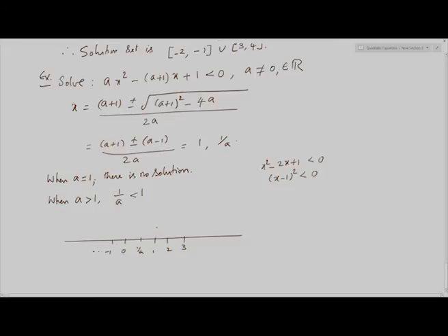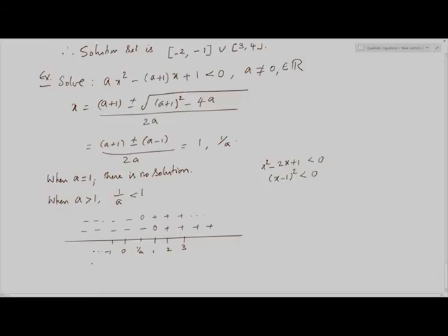On top of 1 I am putting the 0, and on the right side I am putting the plus signs, and on the left the minus signs, and then again the same for 1 by a: I am putting the 0 here, positive on the right side and negative minus sign on the left side. To make this inequality less than 0, both should have opposite signs.